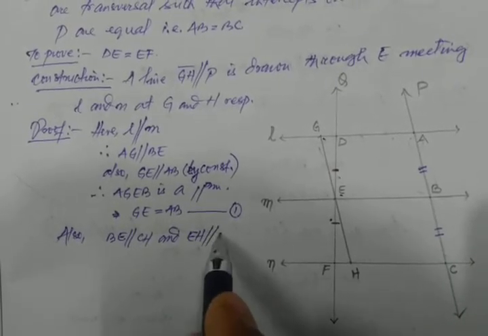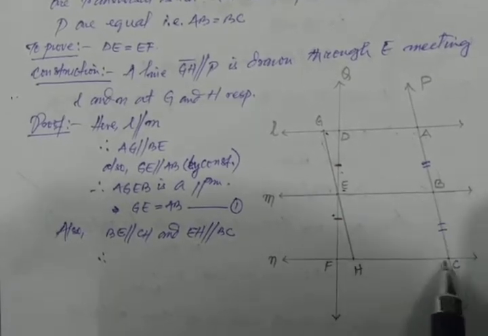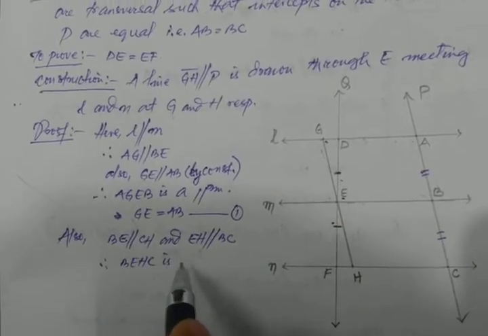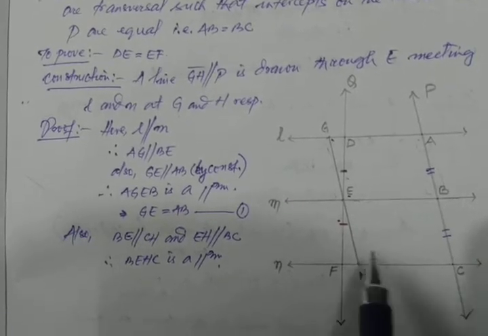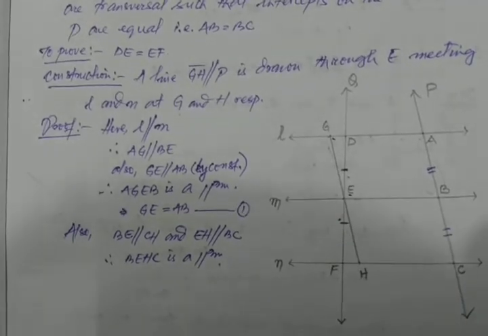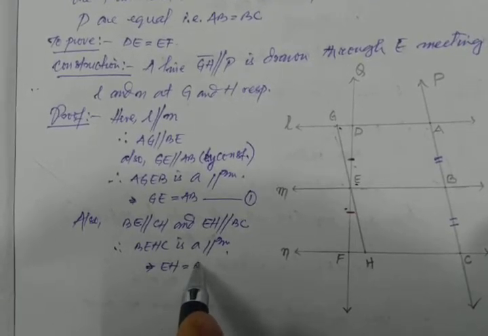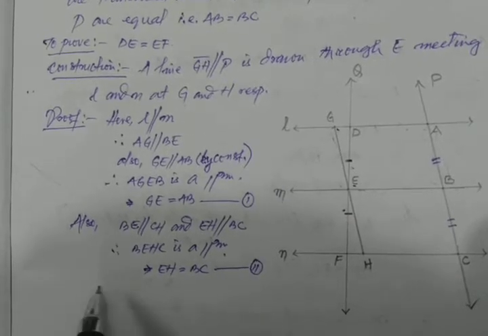Therefore, once again, BEHC is a parallelogram. So if BEHC is a parallelogram, opposite sides will be equal once again. That is EH equal to BC. I'll call it equation 2.